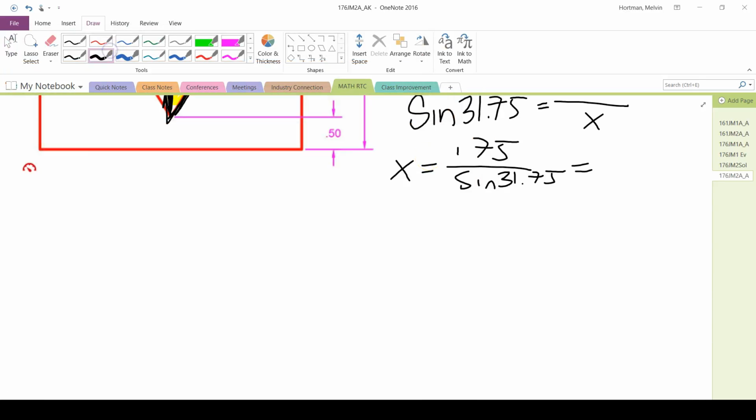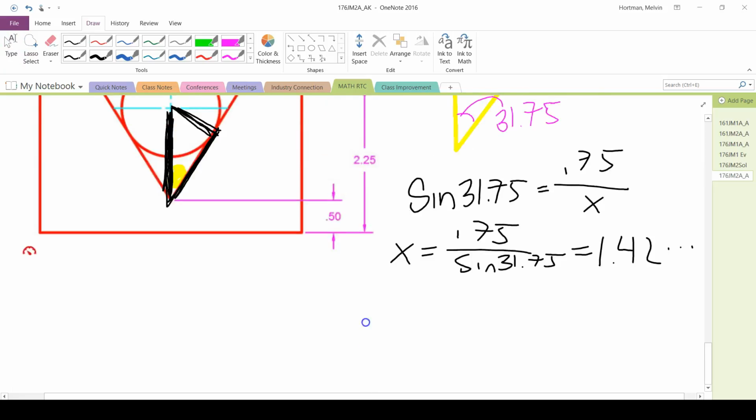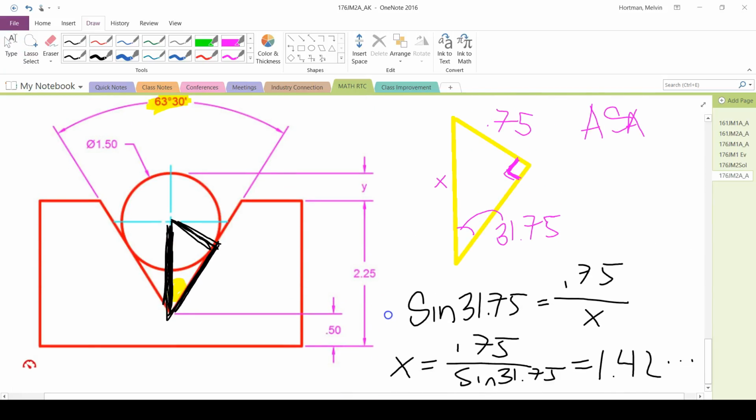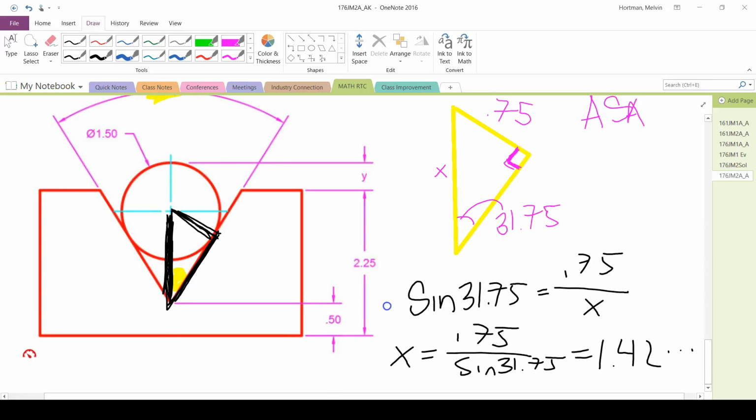So I'll say 1.42 ... because there's more to go. So that's x, but there's much more to this equation.